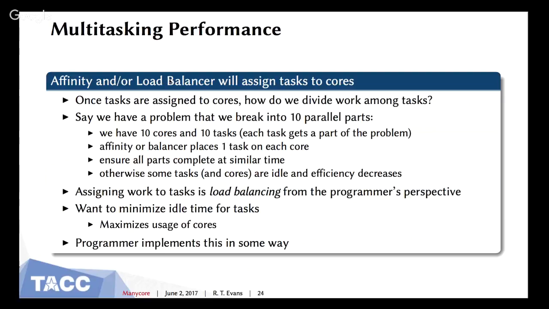And so in this case, you have 10 pieces, you have 10 cores. If there's no overhead, it's simple. Because what you want to do is minimize your wall clock time. And for load balancing, what you're doing is trying to make sure that each task has the same amount of work.